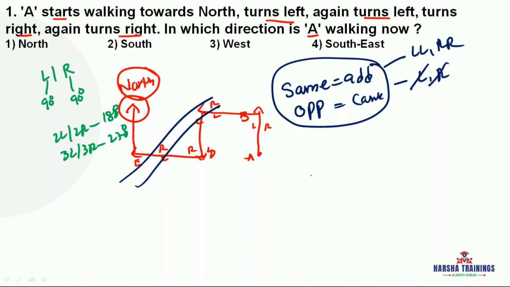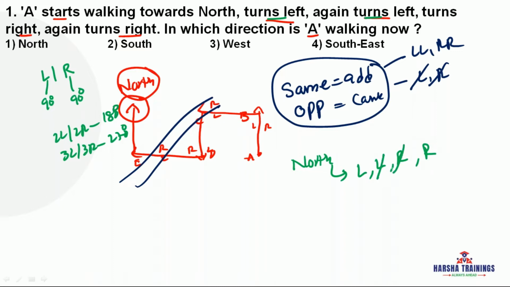Okay, a person walking towards, starting which direction? North side. So turn left, again turn left, again turn right, again turn right. Same is given, add. Opposite is given, cancel.